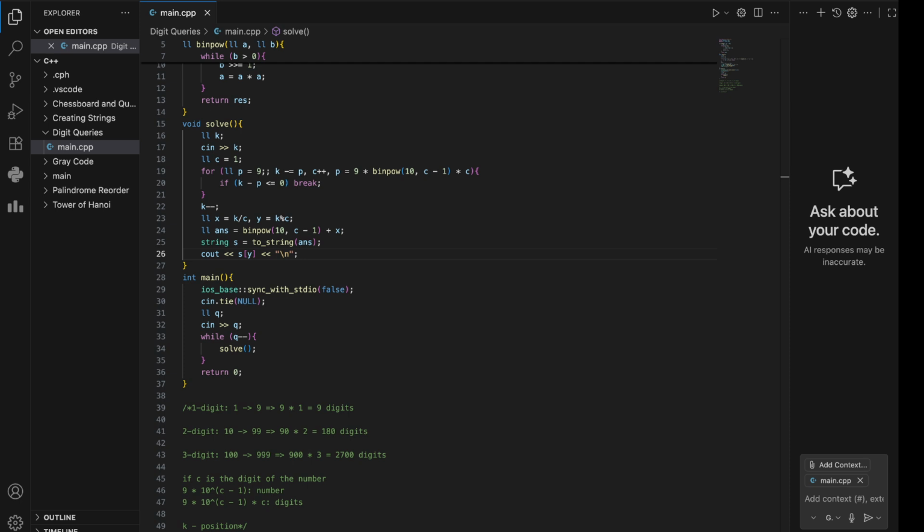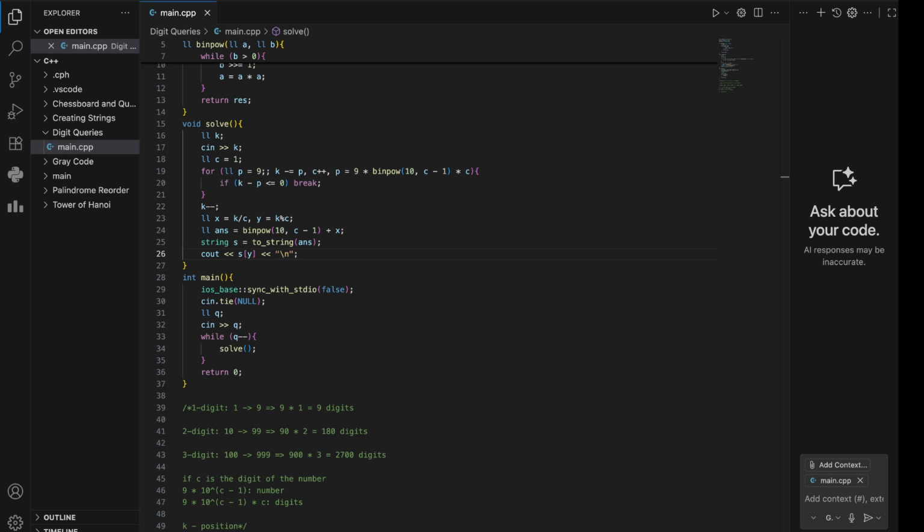We have x, which is the number in the block, and y is the digit inside that number.